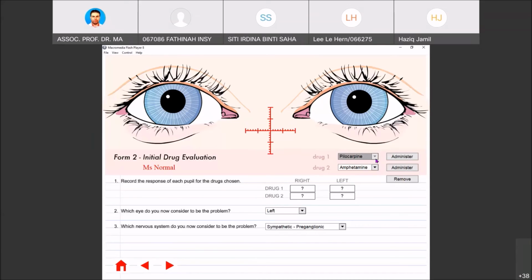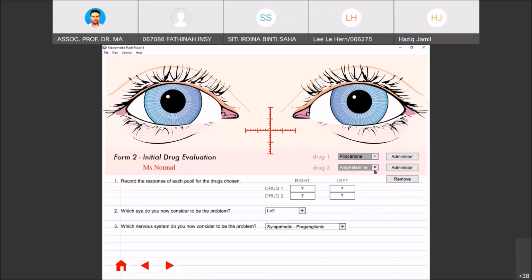Each one is pulling. Professor, can you repeat again the passive miosis? Okay. So we have 2 muscles on the eye. Each one of these muscles is counteracting the action of the other.